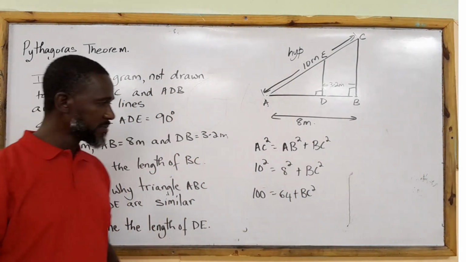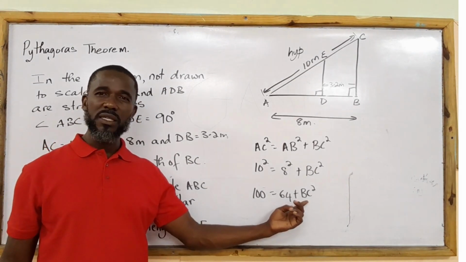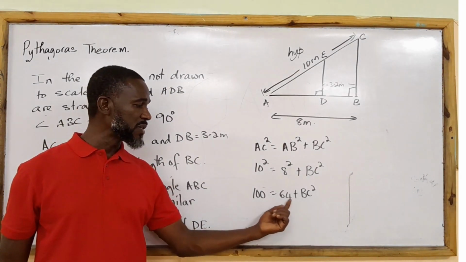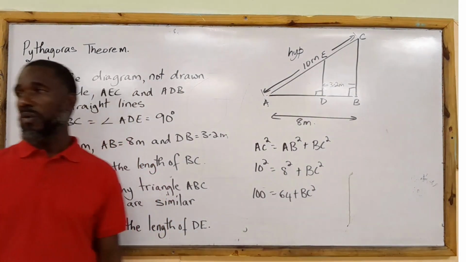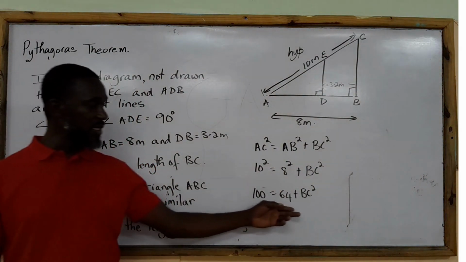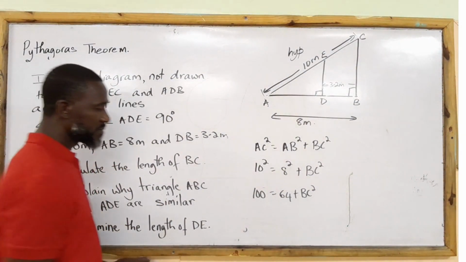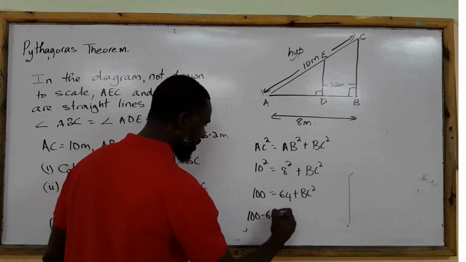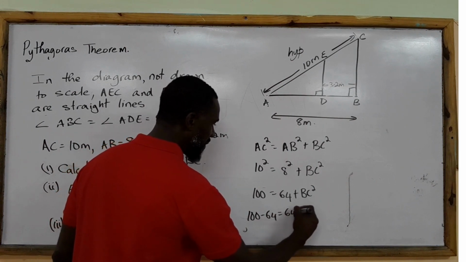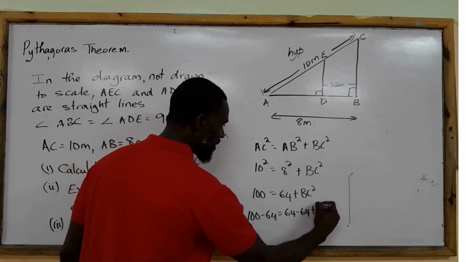Again, we want to make BC the subject. So we have to take the 64 across this side, or subtract 64 from both sides, right? If I subtract 64 from both sides, what are we going to get? 36. So it's 100 minus 64 is equal to 64 minus 64 plus BC squared.